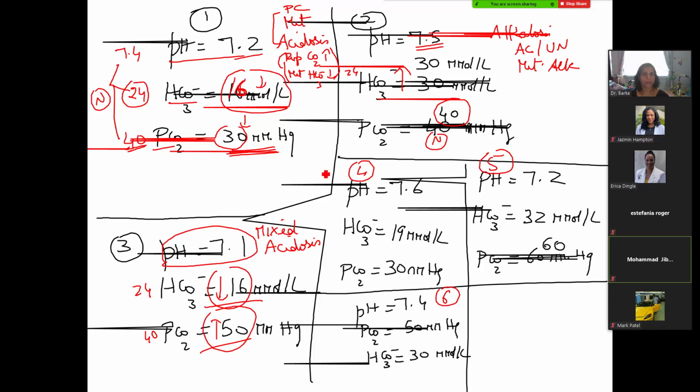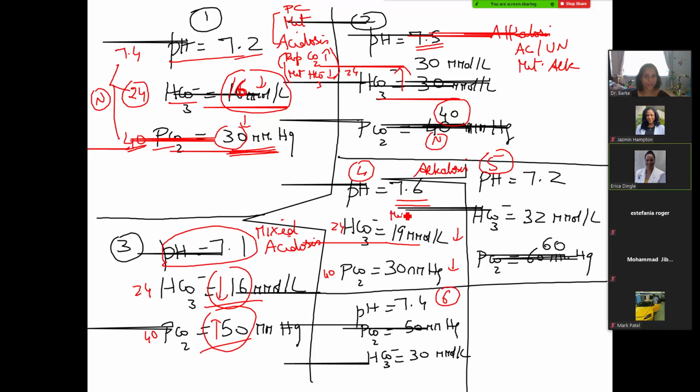Okay. Fourth one, pH is 7.6. So that is alkalosis. Bicarbonate from 24, what has happened? Decrease. Carbon dioxide from 40, what has happened? Decrease. So you should ask whether it's metabolic alkalosis or respiratory alkalosis. If you cannot think it like in the exam, it's a bit stressful, so write down.